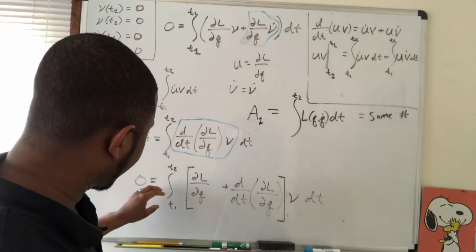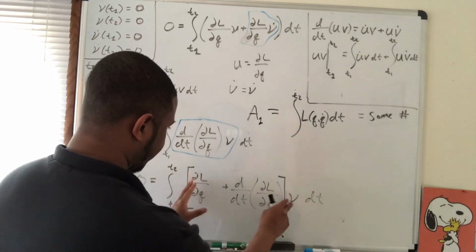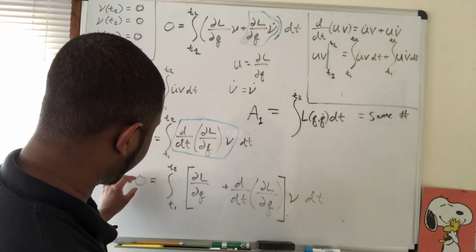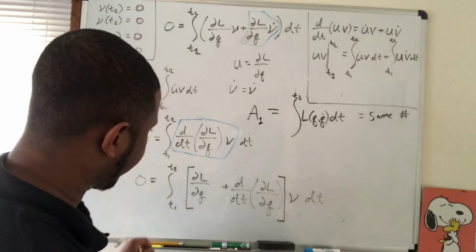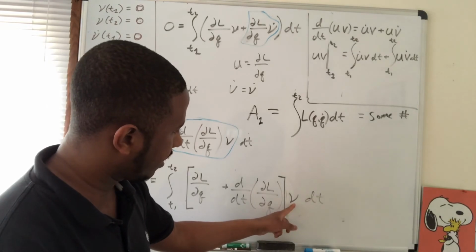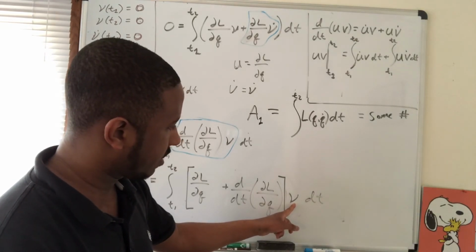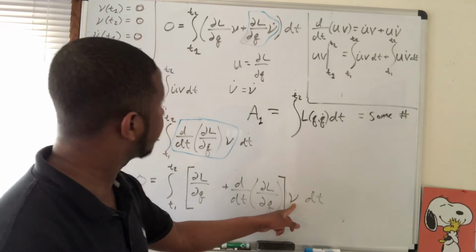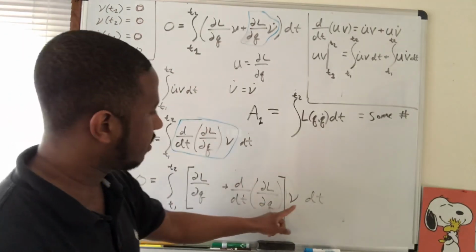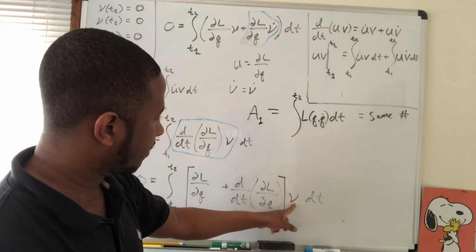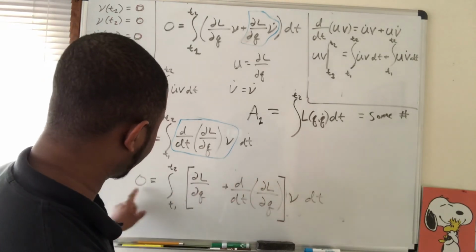So if we're taking the integral of this, then we're saying that it always has to be 0, right? But we know that this v can be any function as long as its endpoints are 0. Other than that, there's no real constraint on what v can be. But we're saying that if you take the integral of this, it always has to be 0.